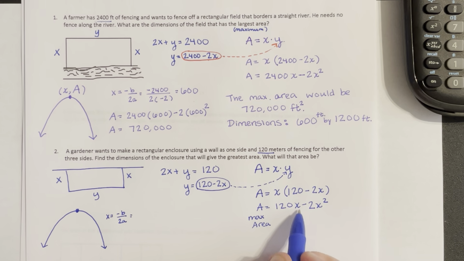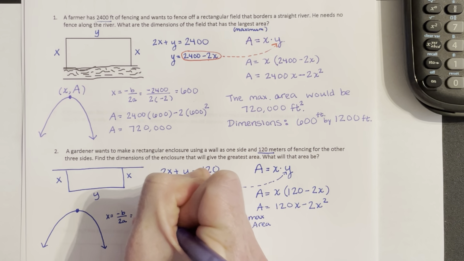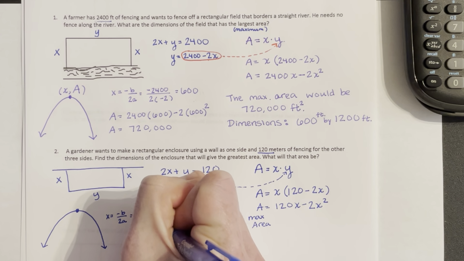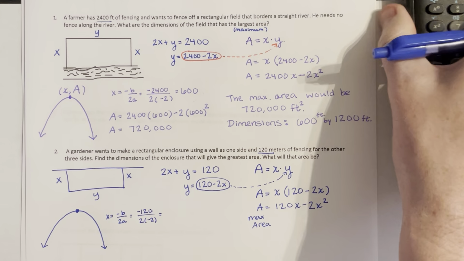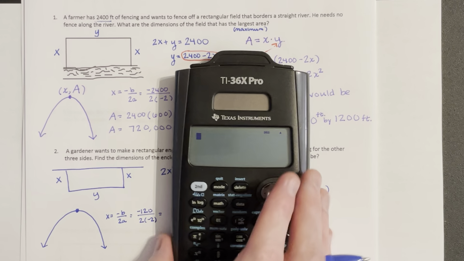So in this case, negative b would be negative 120 over 2a. A is negative 2. We can plug that into our calculator, see what we get. So negative 120 divided by 2 times negative 2 is 30.